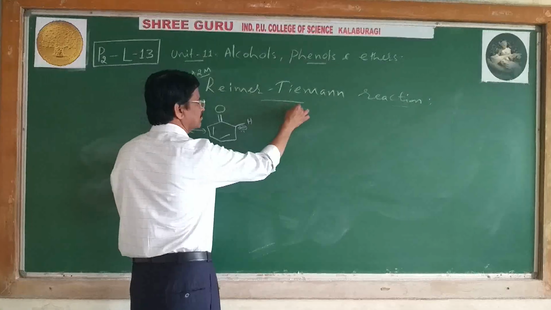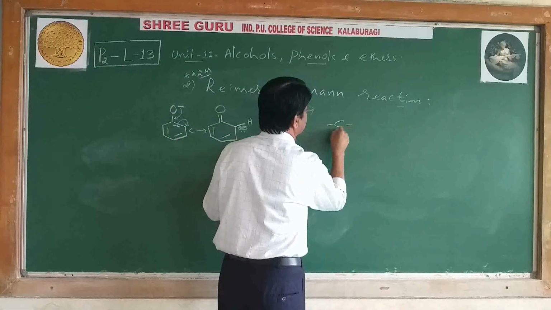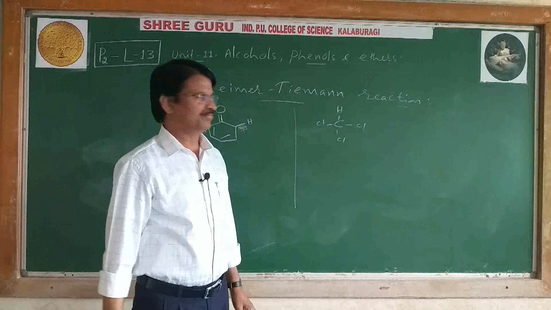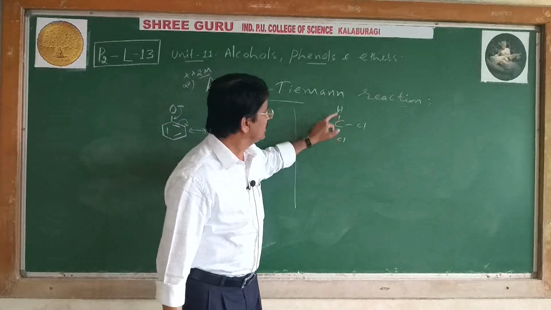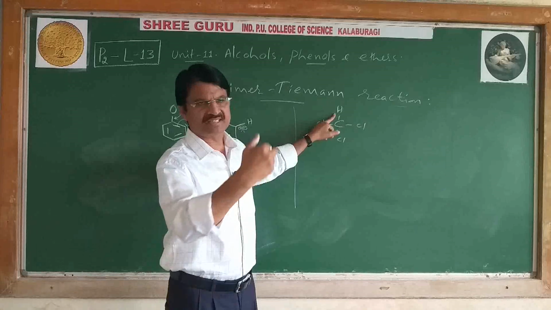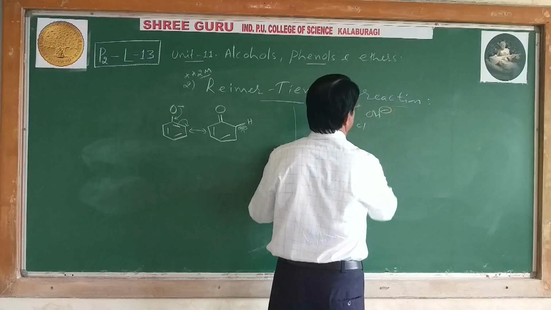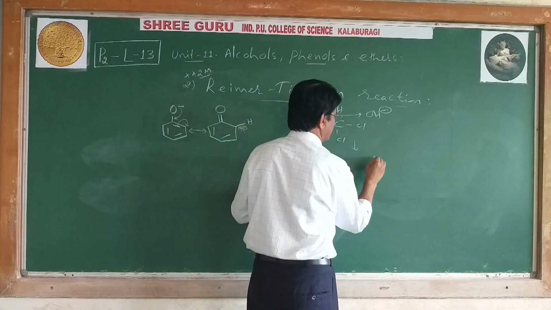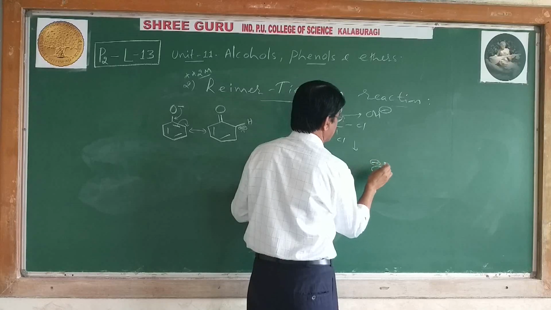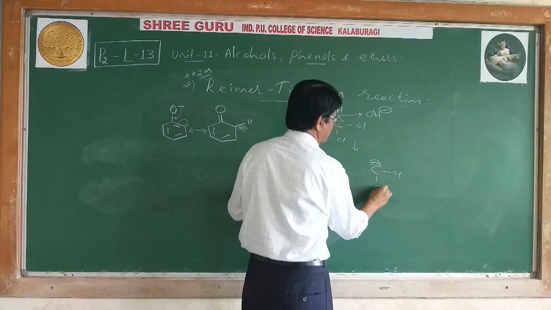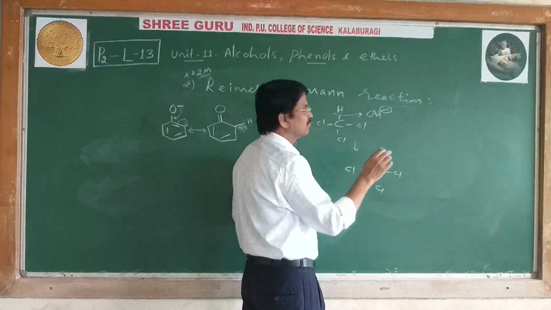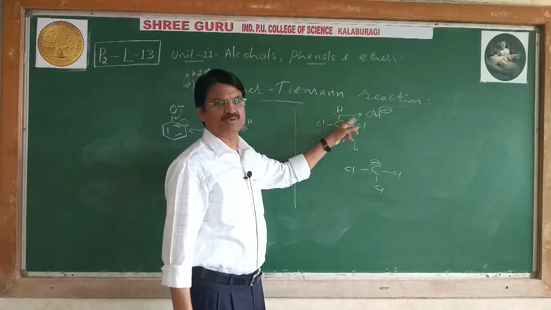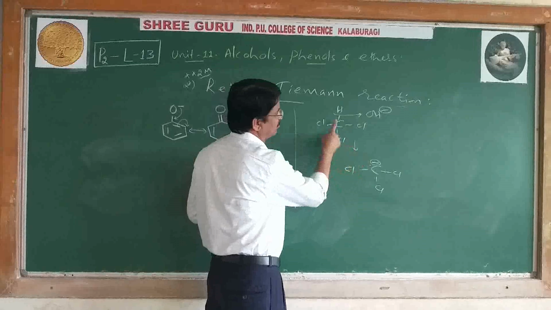Next, chloroform, CHCl3. In chloroform, the H atom of the C-H bond is acidic, and this H atom can be removed by base, as water with OH minus. But the negative charge on carbon remains.